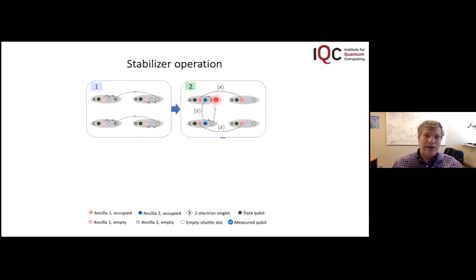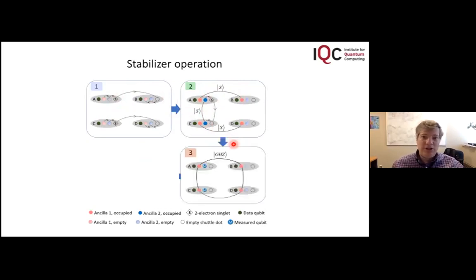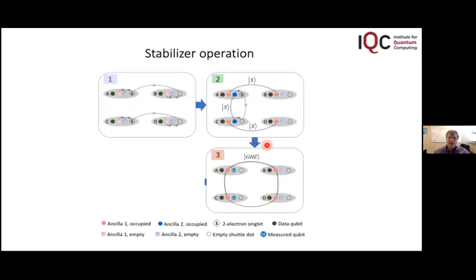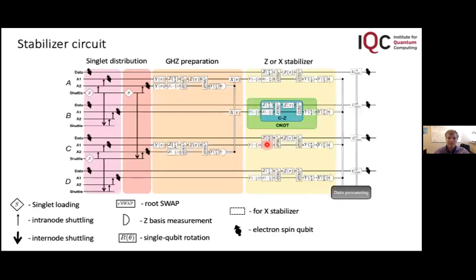This is again repeated with nodes A and C. So now we've shared 3 singlet states. From there, just using local operations, we can form what's called a GHZ state, which is a particular 4-qubit entangled state, and that spans all 4 nodes. From that GHZ state, and some additional operations within the nodes, we can carry out the stabilizer operation, which is the heart of the surface code.